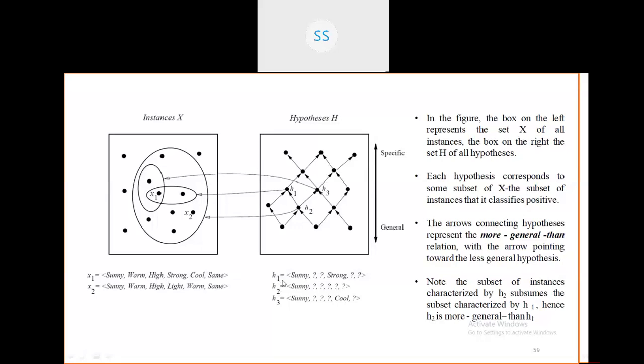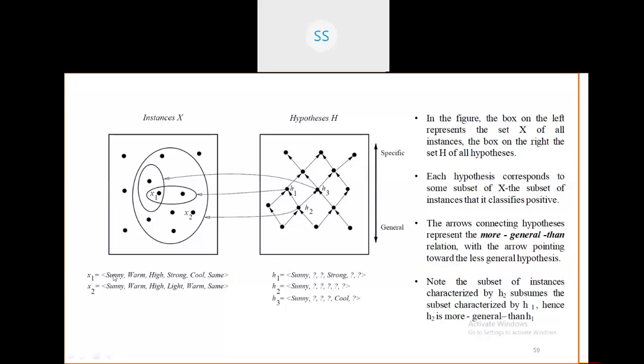Using this, we try to understand how it actually works. What are the instances marked as positive by H1? Sunny is there, these two values can be anything, strong, and then these two values can be anything.